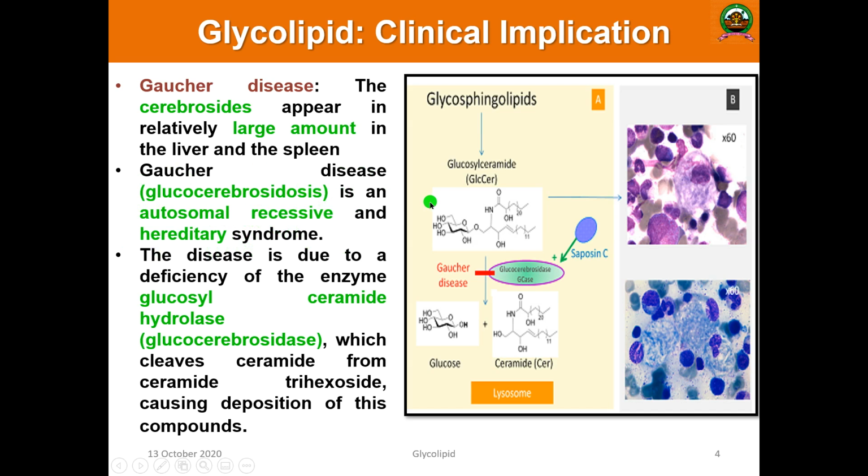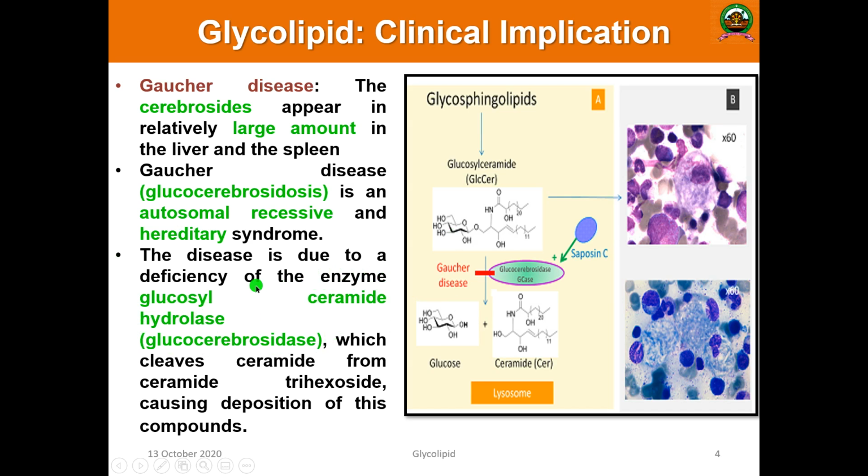The major reason for this disease is as follows. Generally, when cerebrosides are in adequate quantity, they are automatically controlled by the enzyme called glucosyl ceramide hydrolase, or glucocerebrosidase.